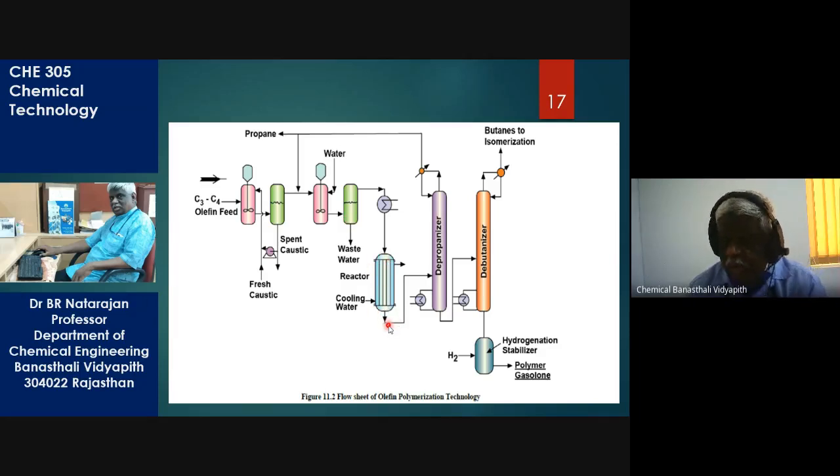Cooling reactor, cooling water, and then I have a depropanizer where the propane is removed, right? And debutanizer where my butane is removed, and my heavier one, this bottom product, is my polymer gasoline, right? And I add some hydrogen so that there is no unsaturation at all, right? So this is the scheme of olefin polymerization. Keep in mind that we are not looking at a long chain polymerization. We are just interested in just a dimer trimer.